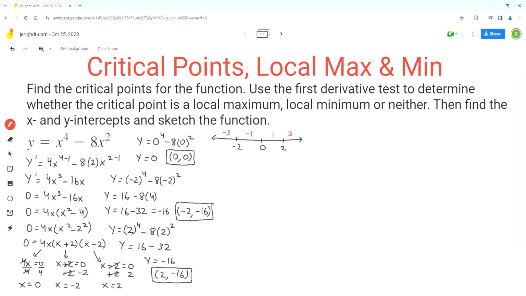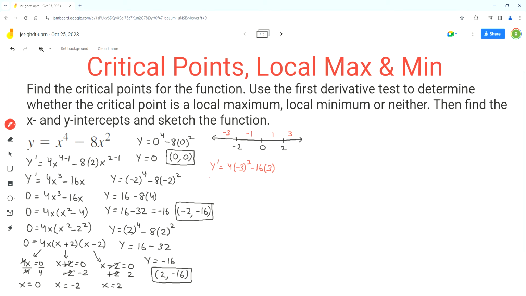Now we have to find what y prime is at x equals negative 3. So we get y prime equals 4 times negative 3 exponent 3 minus 16 times 3. Now we are only interested in the sign of the result we get for y prime and not in the value. So we just want to know whether the y prime is a positive or a negative number.